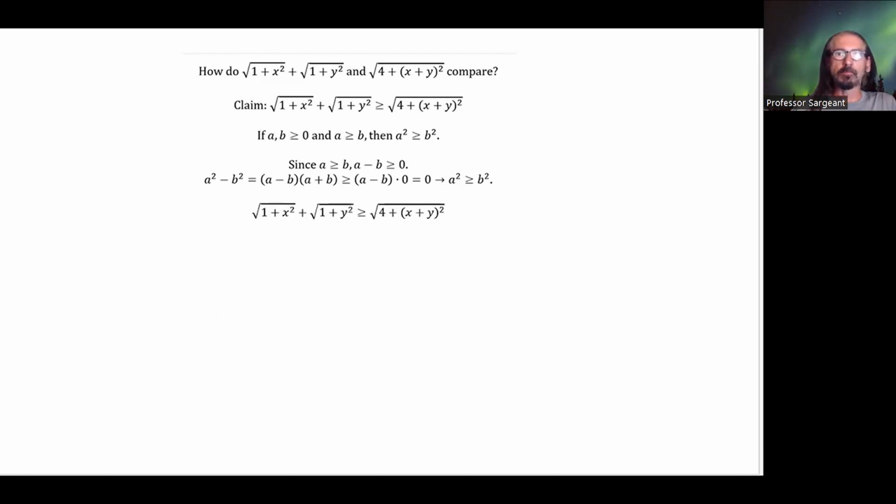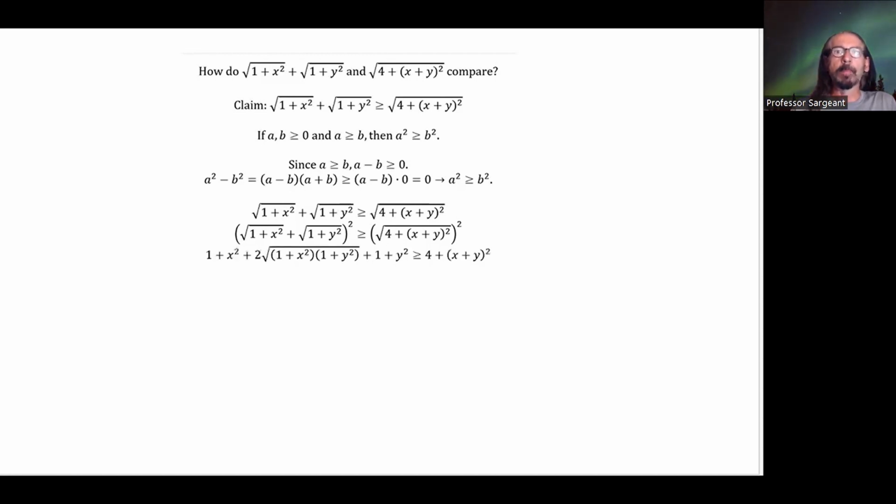So, squaring both sides. And then on the right-hand side, since what we have underneath the square root is non-negative, in fact, it would be greater than or equal to 4, then we're going to get cancellation. On the left-hand side, I will have to distribute or FOIL, or I could use a different special product formula.